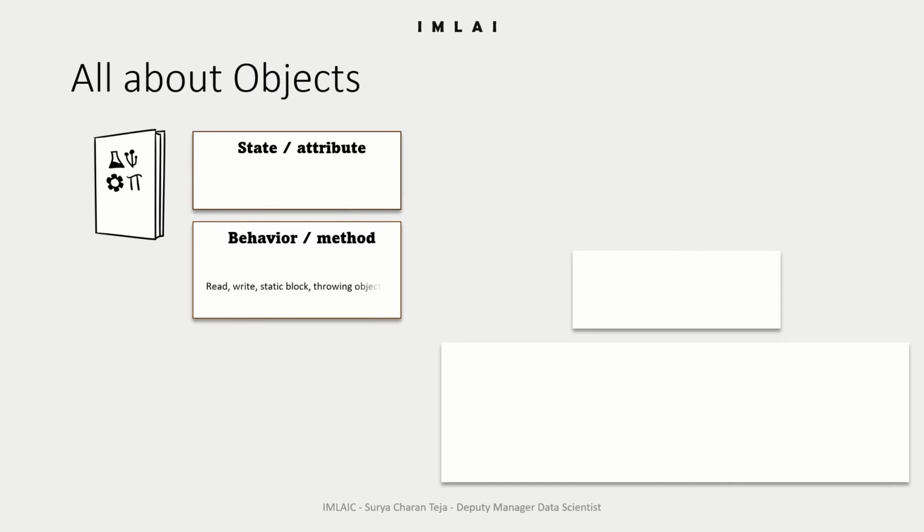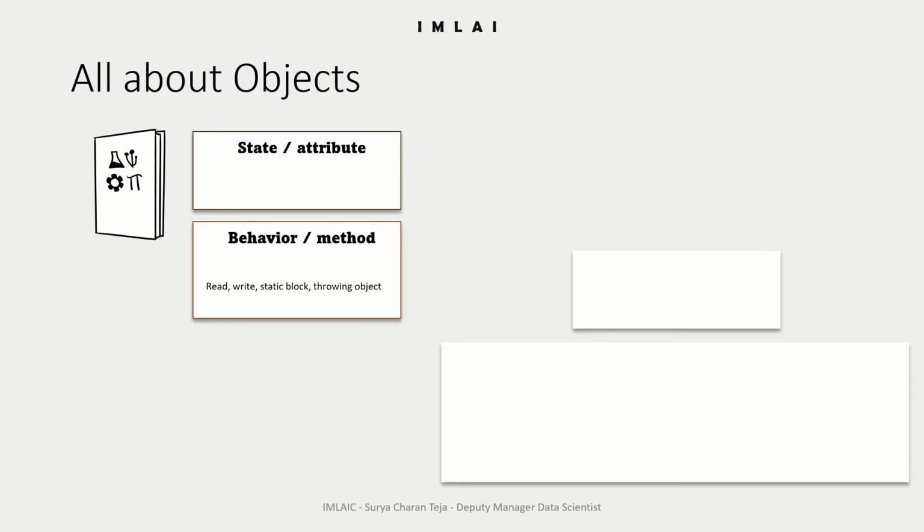Whereas the behaviors, what all you can do with that book, these are methods. These are all behaviors of this object. So this is the analogy of nature, how everything in nature is an object.